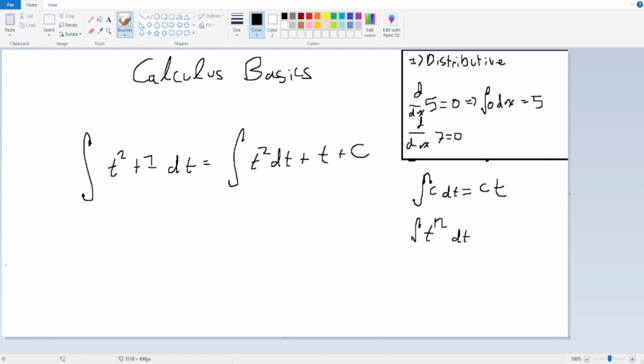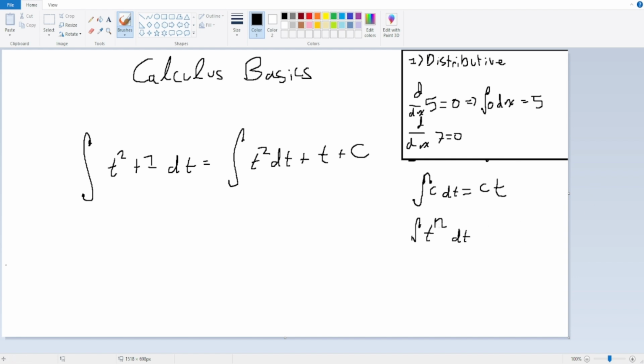And so t to the power of -1 is 1 over t. And I think that has a different solution. I think that one is a special case. And I'm just going to look that up just to make sure. Yes. So the integral of 1 over t dt is actually ln of t.